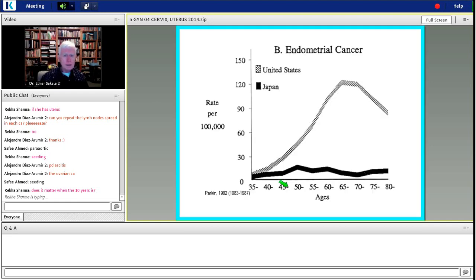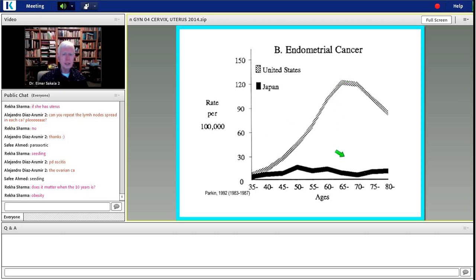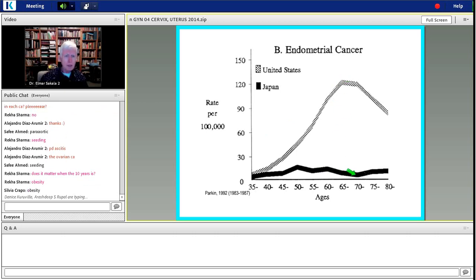Now, here is looking at rates of endometrial cancer, age-related, United States and Japan. Why is there such a higher endometrial cancer rate in the United States than Japan? Is it because women aren't as obese? I'm not sure you could say that. Many times the cancer rates, which are different around the world, are because of lifestyle.